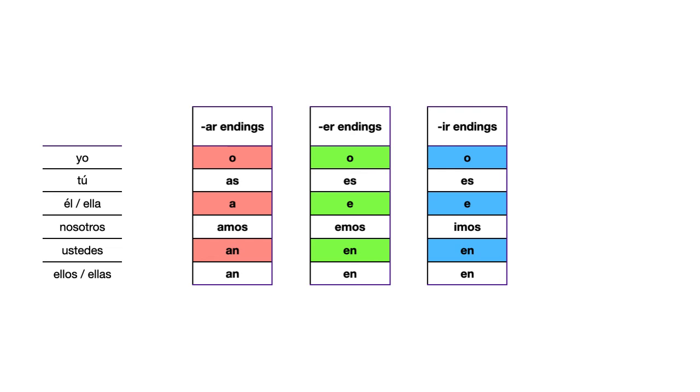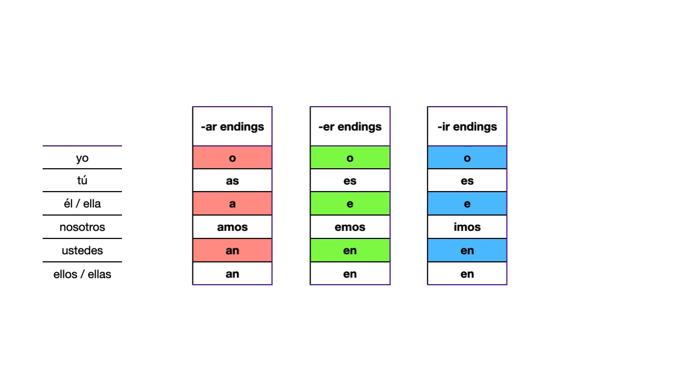I talked about it, but I think that if you look at it, it will be clearer than just saying it. Look at the second table, the green one, the one with the er endings, and compare it to the red one, the one with the ar endings. You will notice that visually they're very similar, right? But there's only one change.